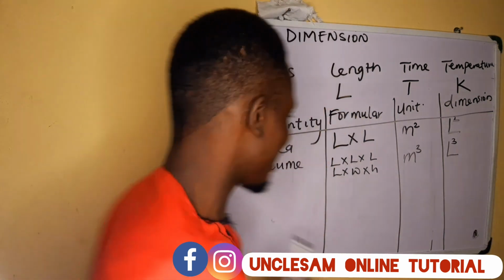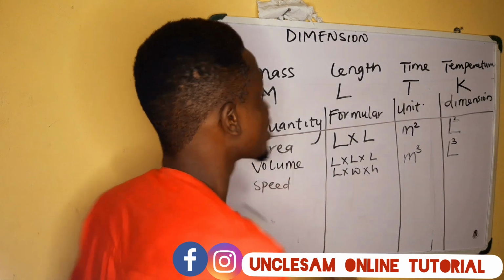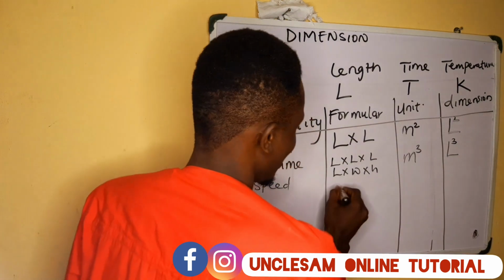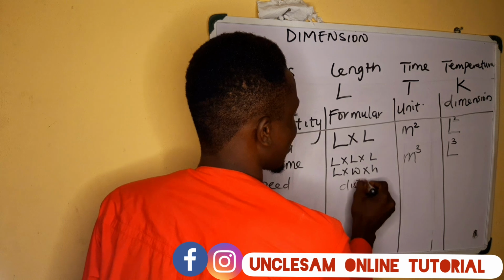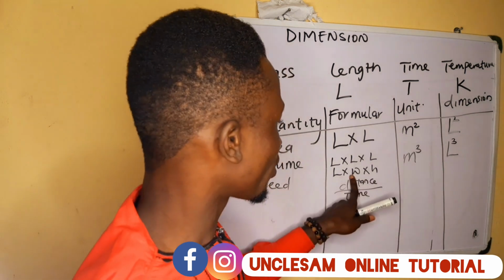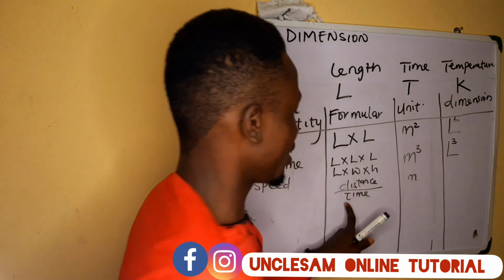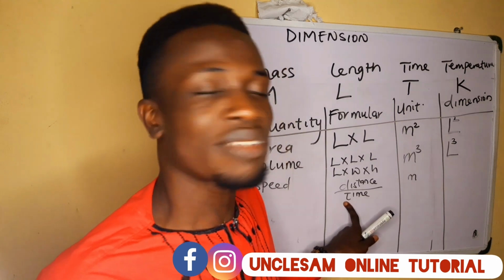That being said, we go over to speed. What is speed? The formula for speed is distance over time. The unit of distance is meter, and the unit of time is second.